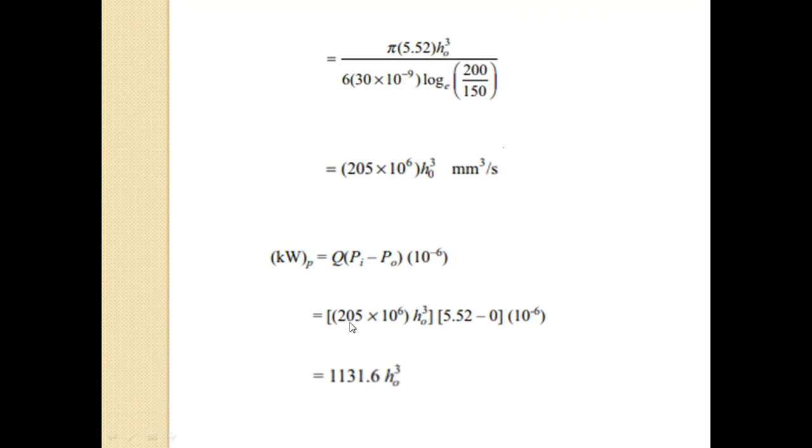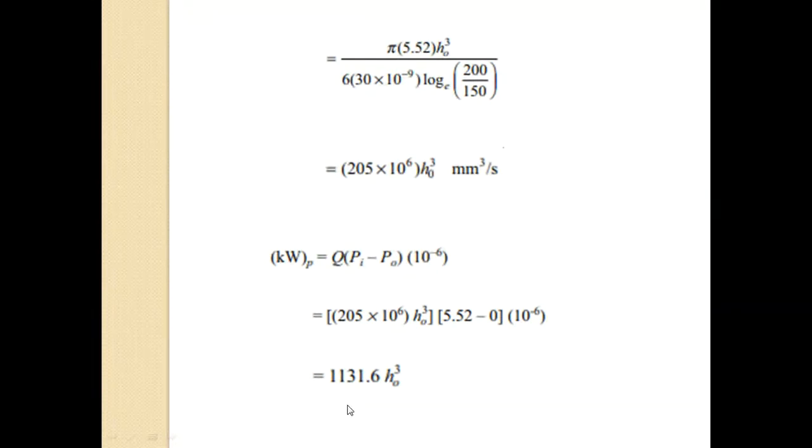So we got 205 into 10 raised to 6 into this 5.52 into 10 raised to minus 6, so we got 1131.6 H naught cube. So this Kw of P is equal to 1131.6 H naught cube.